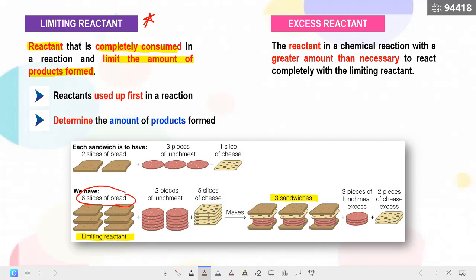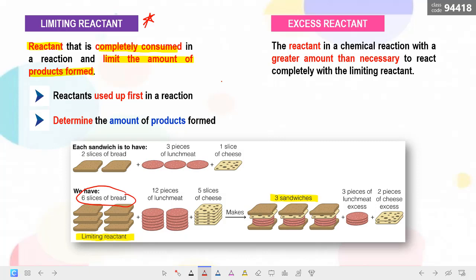Apabila roti tu habis diguna pakai, tak ada lagi sandwich lain yang kita boleh hasilkan. So the concept of the limiting reactant or limiting reagent is analogous to this in the chemical reaction. Maksudnya analogi ini kita boleh gunakan dalam chemical reaction.